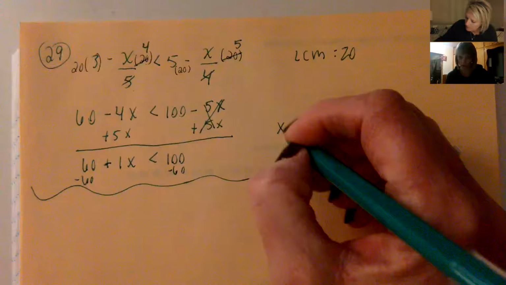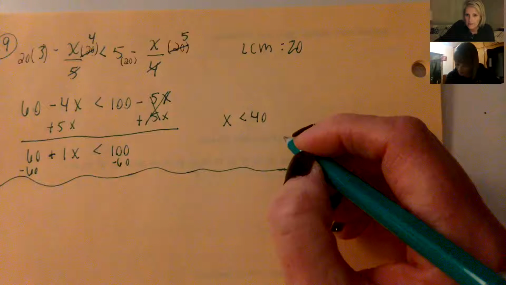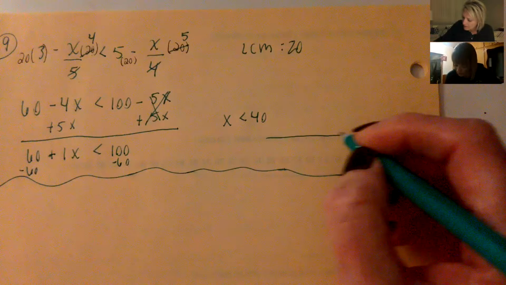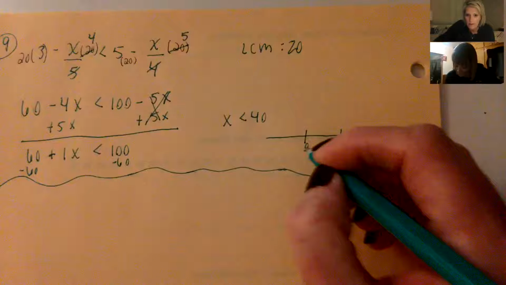So x is less than 40. And so there's 0, and 40 is over here on the right somewhere.